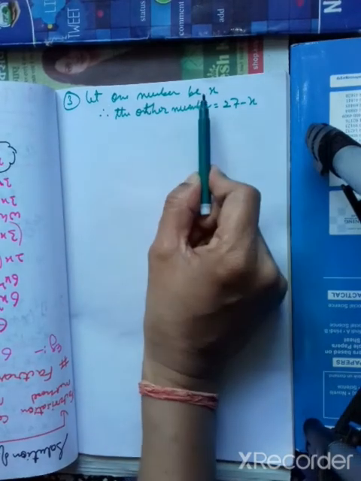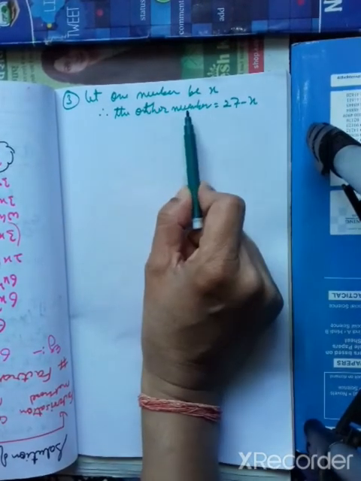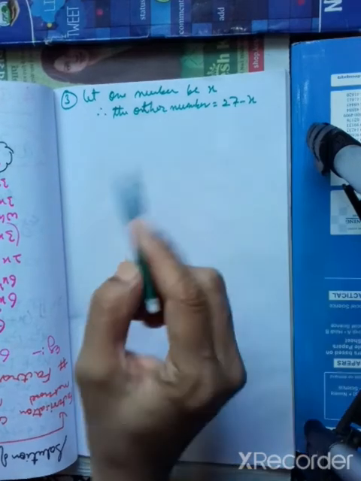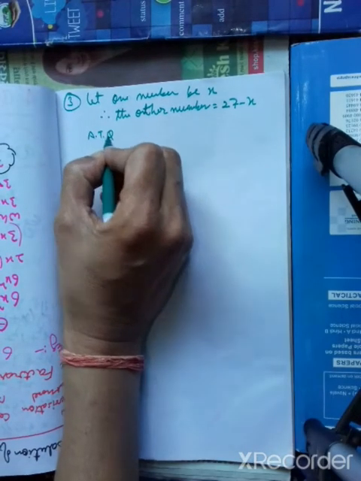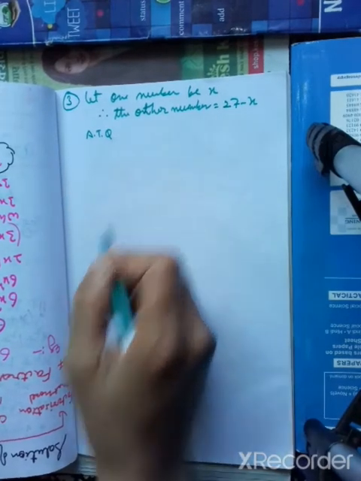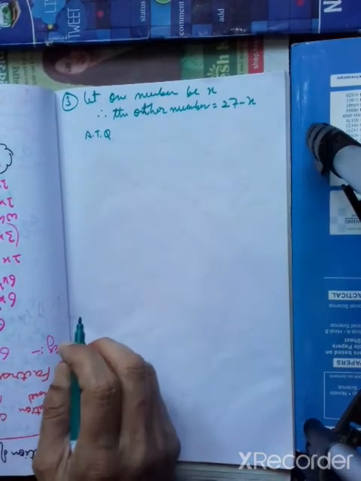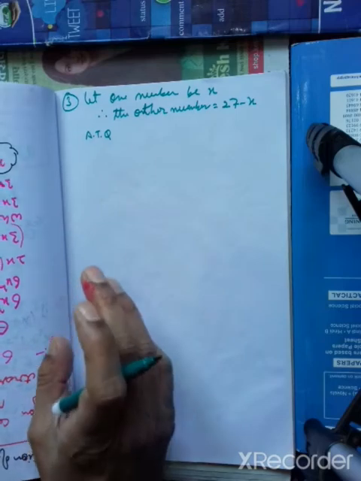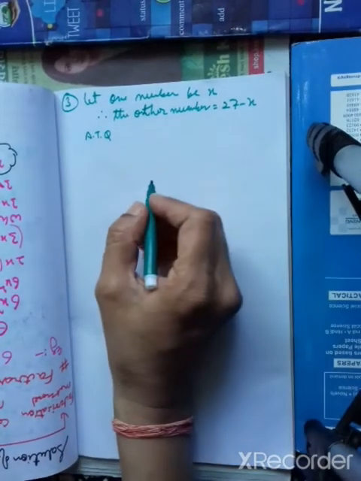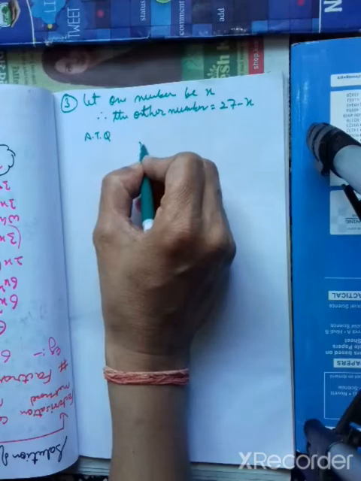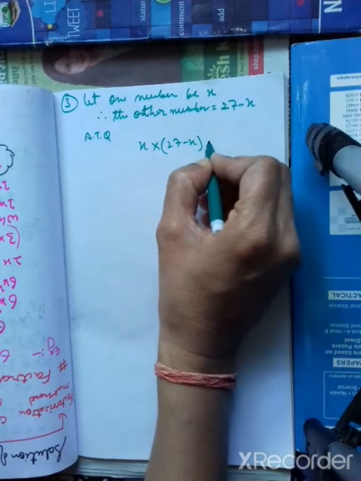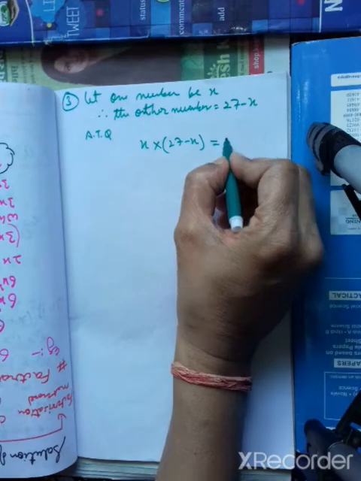I have taken one number as x, so the other number will be 27 minus x. Then also it is given according to the question that their product is 182. Product of first number multiplied by second number is 182. So first number is x, multiplied by second number 27 minus x, equals 182. Okay.